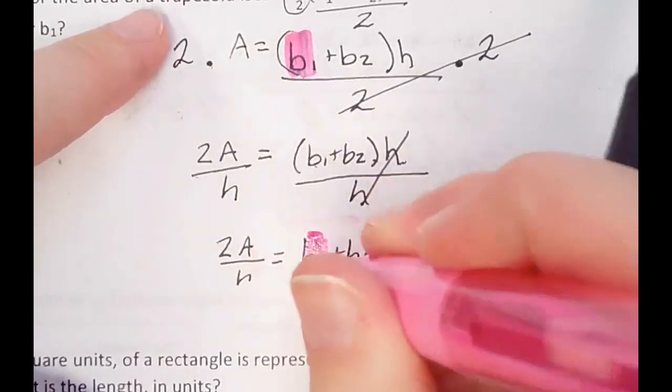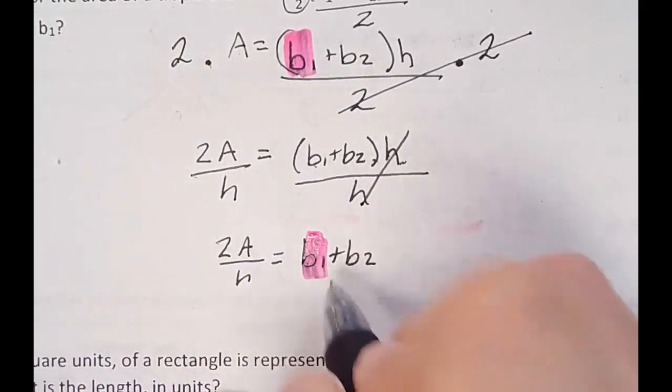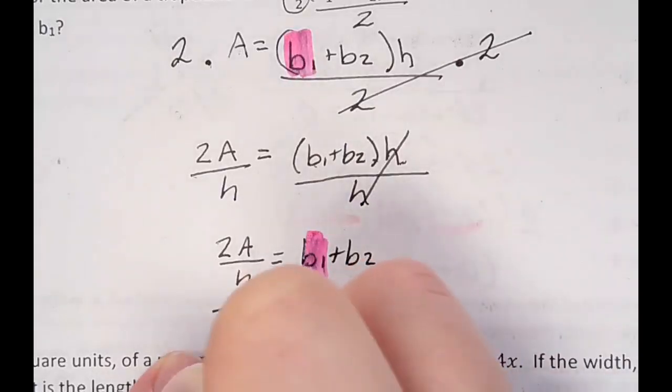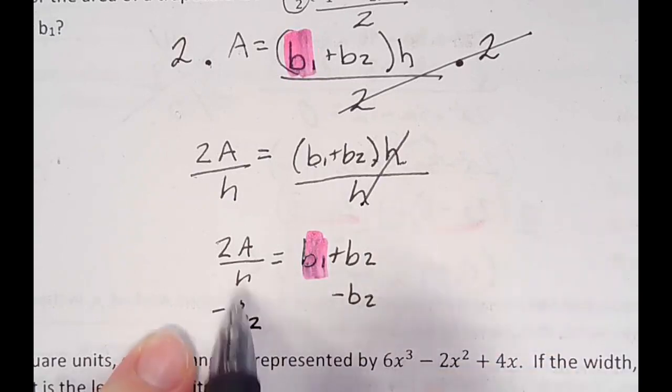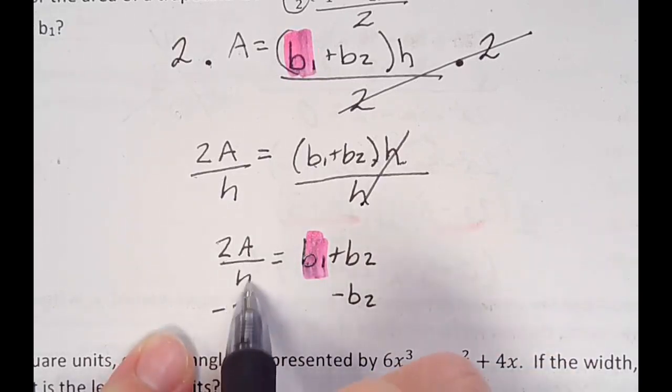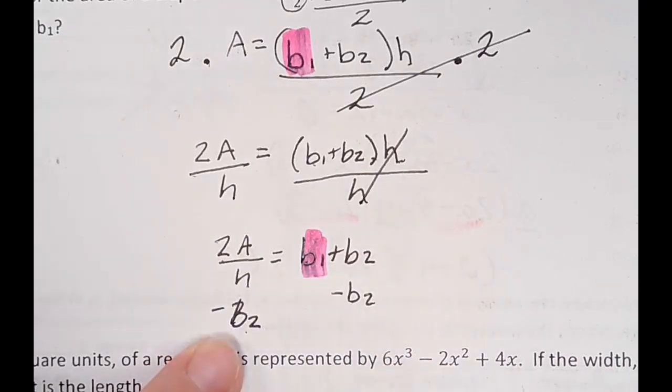Final step, to get B1 alone, I need to get rid of this B2. It is being added, so I'm going to subtract it. Subtracting B2 from both sides. 2A over H, subtracted by B2.